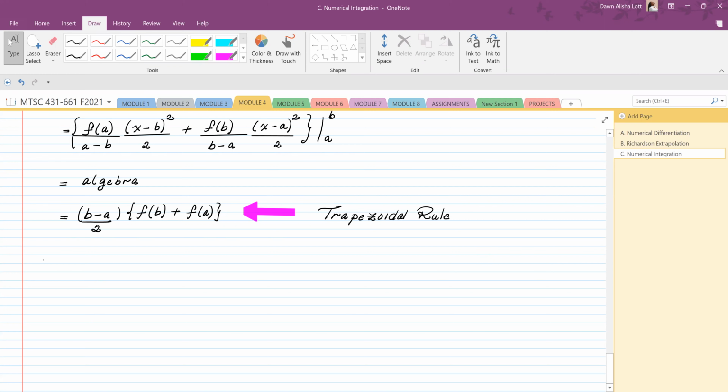So we know that f of x is equal to p1 of x plus the second derivative at c over 2 factorial times x minus a times x minus b.